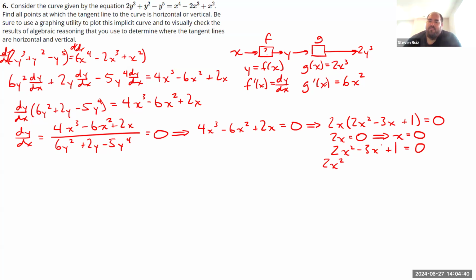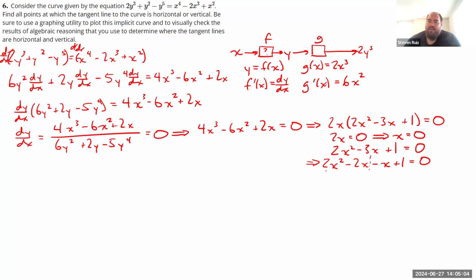Well, I need a pair of numbers that multiplies together to give me positive 2 and adds together to give me negative 3. That should be negative 2 and positive 1. Then from there, split this in half and factor the two left-hand terms and the two right-hand terms.